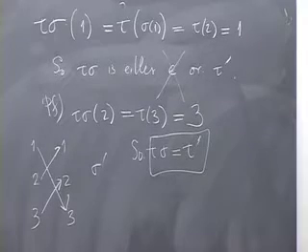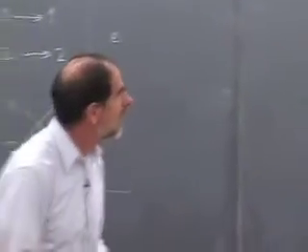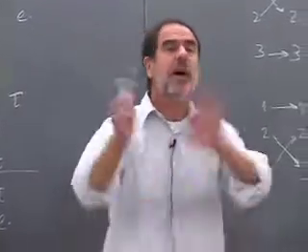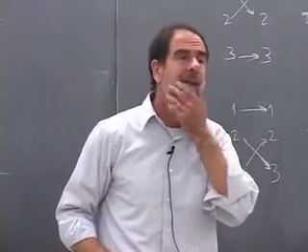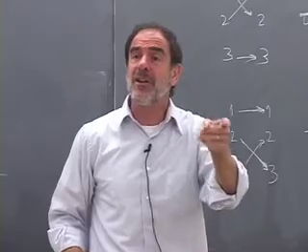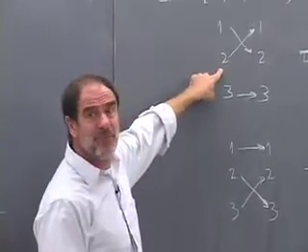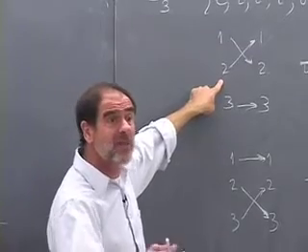But if I wanted to do it by pure thought, without ever computing what it did to 2, how do you think I could eliminate the possibility that tau sigma is equal to E, given the fact that this is a group? Yeah, go ahead. They're clearly not inverses of each other. What is the inverse of tau? Tau. That's all you have to say.